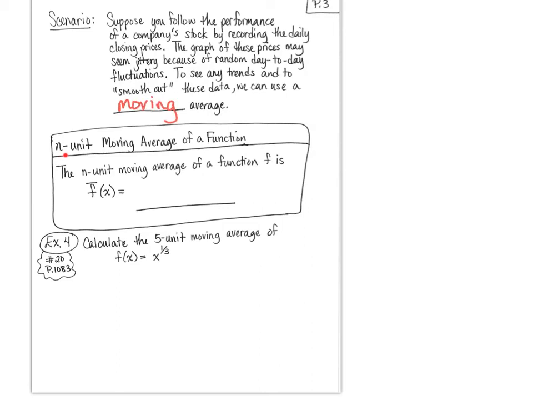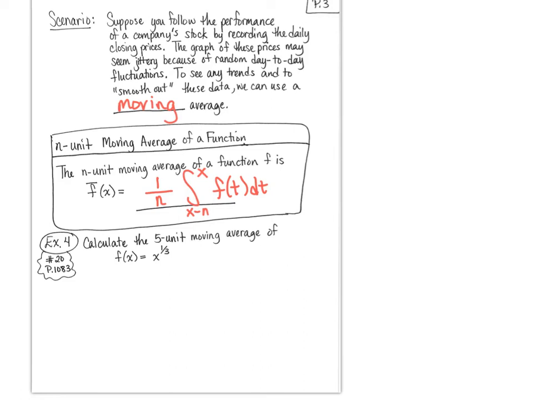So an n-unit moving average of a function is the following. The n-unit moving average of a function f is f bar of x equals 1 divided by n, because you have n units, and you're evaluating the integral from x minus n to x of f of t dt. Okay, so let's look at an example.